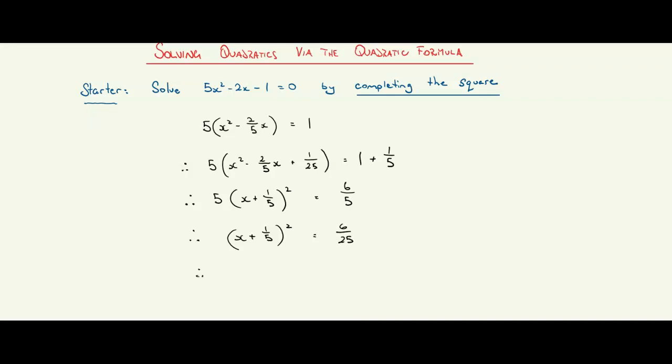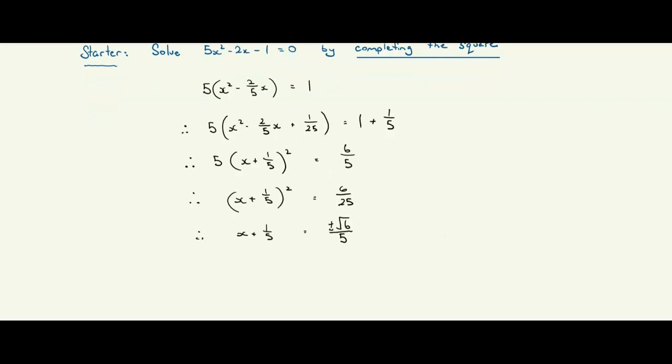Now, next move, x plus 1/5, I'll take the square root of both sides. So I'm going to end up with plus or minus the square root of 6/5 on the right-hand side. And I'm going to now subtract my 5th, so I'm going to end up with minus 1 plus or minus the square root of 6/5.